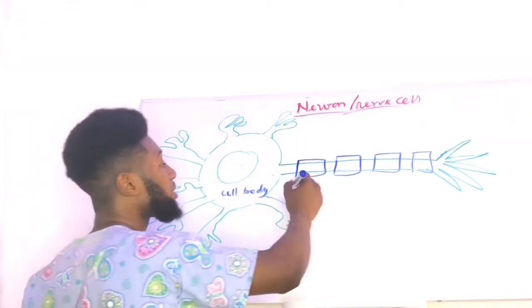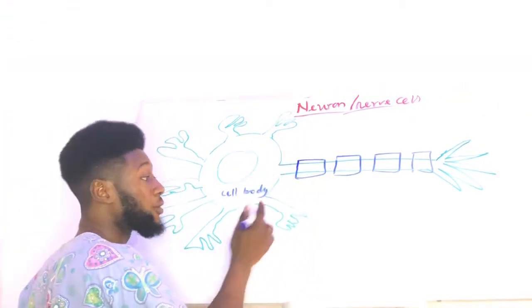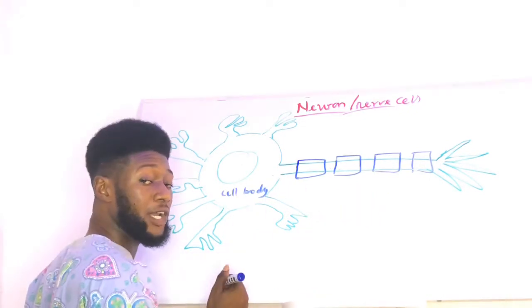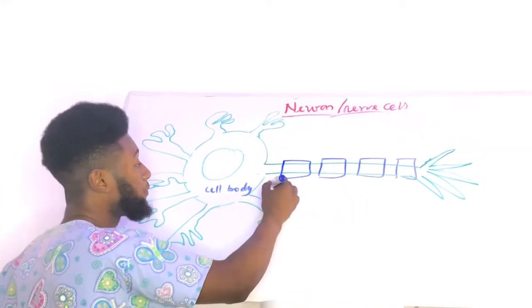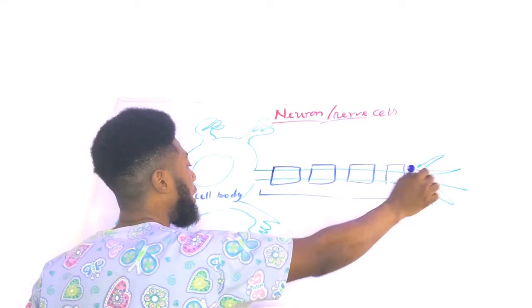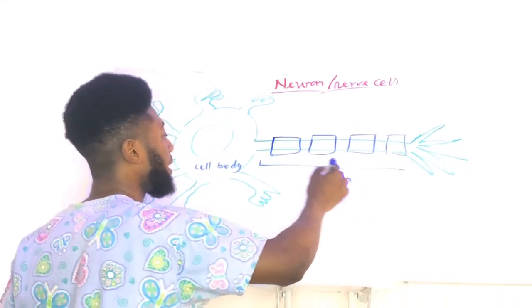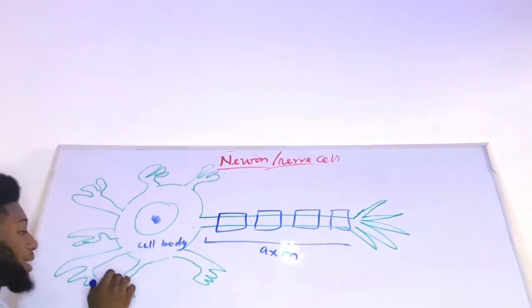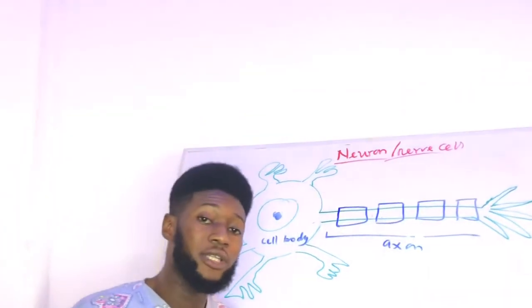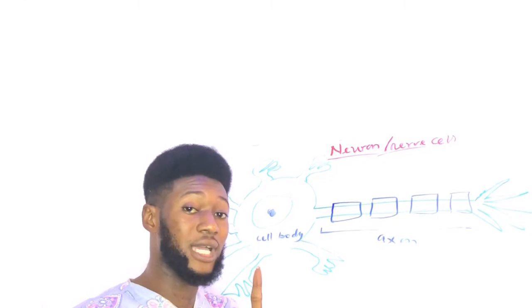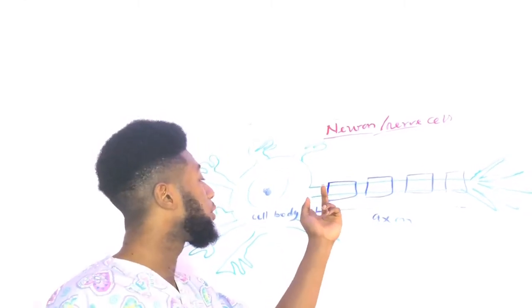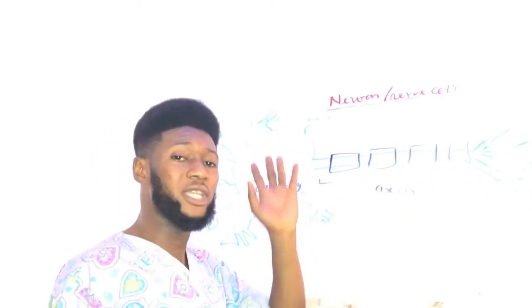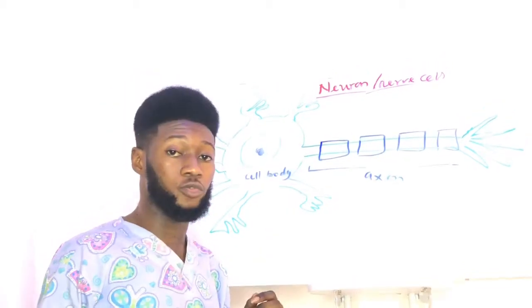Cell body. And I must say, for a true nerve cell, it has a long process, the axon. From here is the axon, until we have the cell body, the nucleus, right? The nucleus. And this is the dendrite. The dendrite increases the surface area because at a point in time, many neurons will be bringing information to this one.